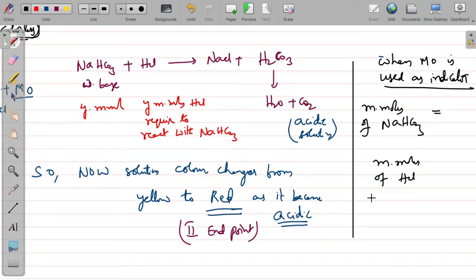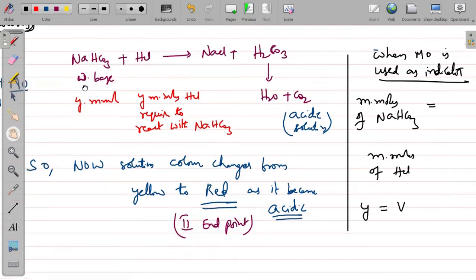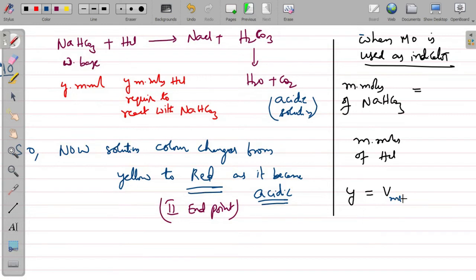So what is the millimoles of Na2CO3 reacting here? Y. It must be equal to the HCl added in the second case. Let's take the HCl added as V2 ml, and the molarity, let's take the same HCl which you prepared and used in the first titration, M HCl. Both are known to you. So this is the second equation.